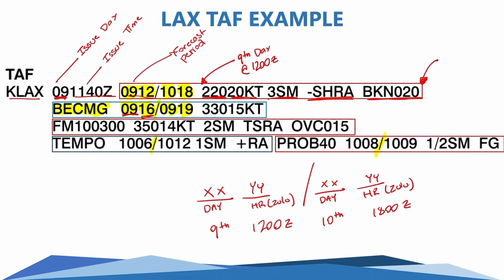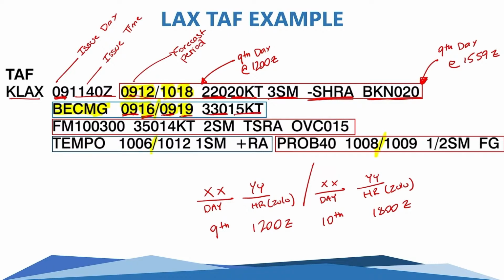So if this line picks up on the 9th day at 1600, this basically ended on the 9th day, you want to be precise, at 1559 Zulu. Okay, so that first line was really from the 9th day at 1200 Zulu to the 9th day at 1559 Zulu, and then becoming at the 9th day at 1600 Zulu to the 9th day at 1900 Zulu, we have the following conditions.